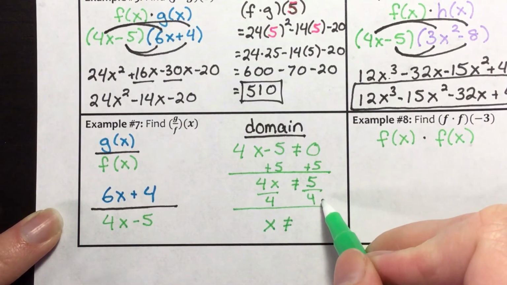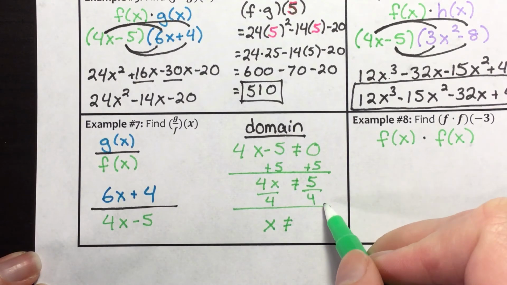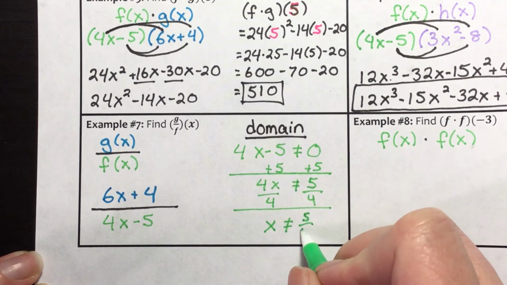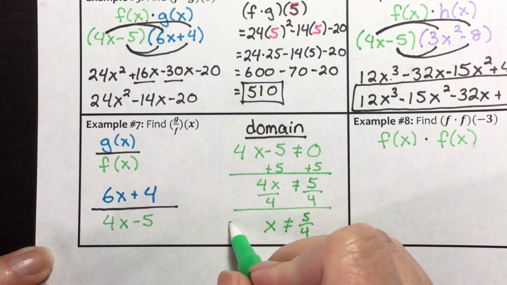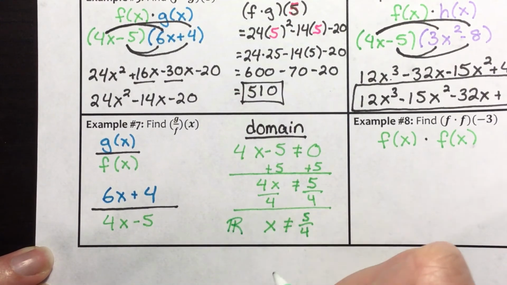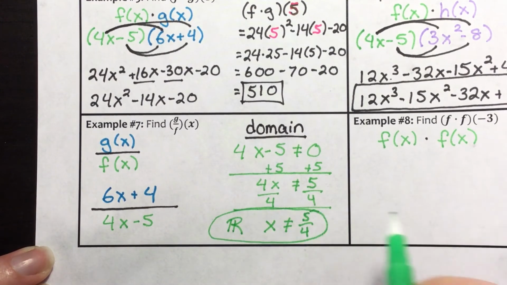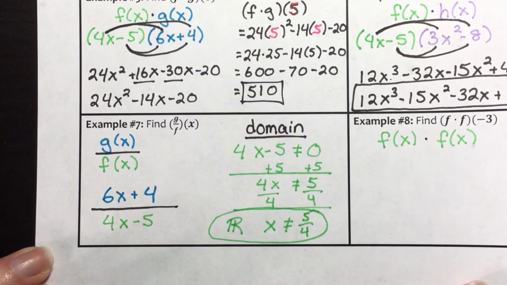This fraction doesn't really simplify well. You could rewrite it as 1.25 or 1 1/4, but I'm just going to leave it as 5/4. So our domain is all real numbers except x cannot equal 5 over 4. We don't care about the numerator because tops of fractions are allowed to equal 0.